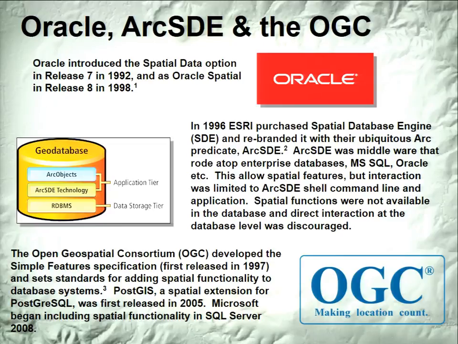The OGC, which is the Open Geospatial Consortium, put out a spec for a simple feature specification, off of which people have developed direct spatial objects directly in the databases. Microsoft uses that as well as PostGIS, and this is building native spatial types and functionality directly into the database.